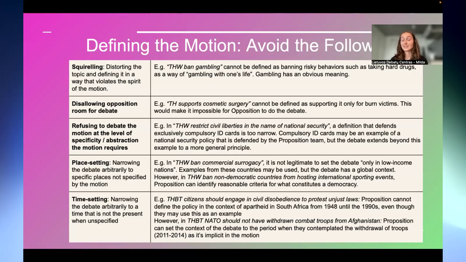You can use it as an example, but it should kind of apply as a broader principle in many different instances. However, once again, if you have a very specific motion about NATO not withdrawing troops from Afghanistan, of course, then you can debate about that specific time frame because it's kind of assumed in the motion.